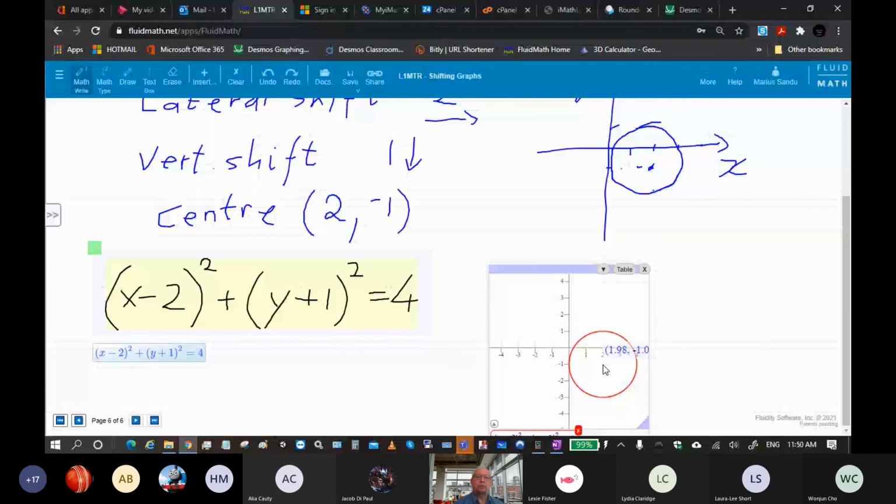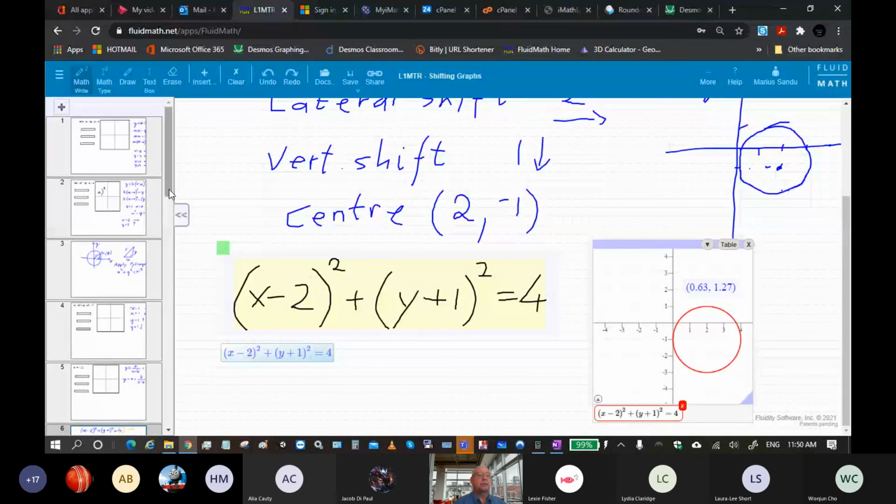So that's pretty much all about shifting graphs and equations of circles. All right. Now, I also want to be able to graph this.